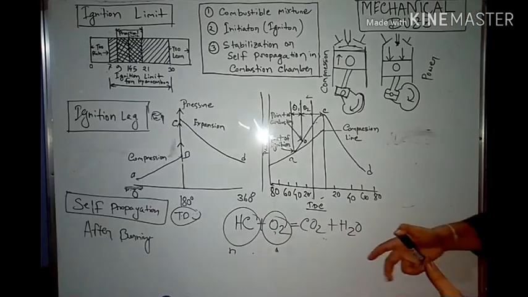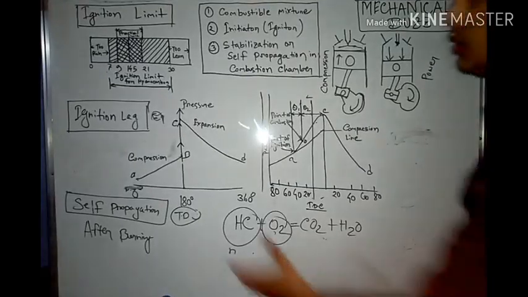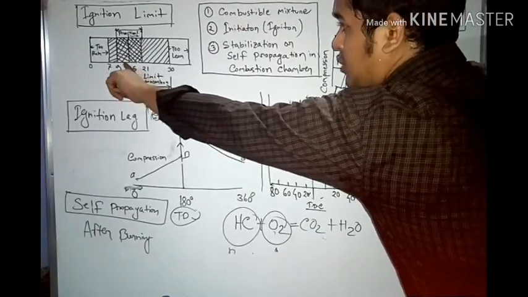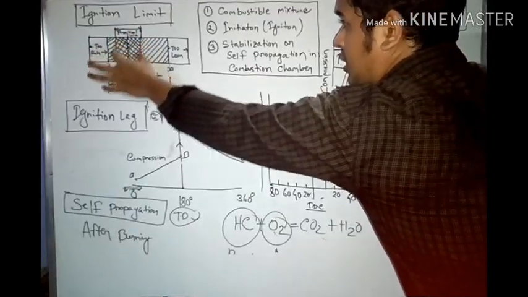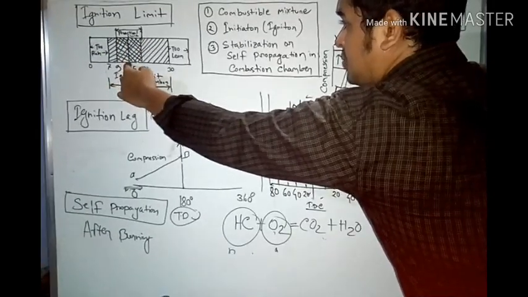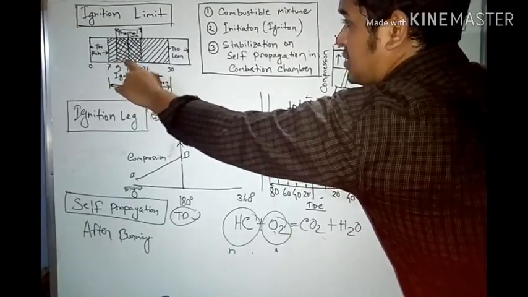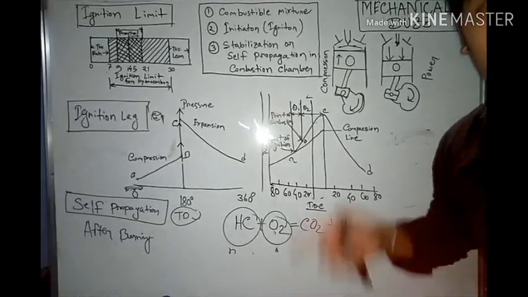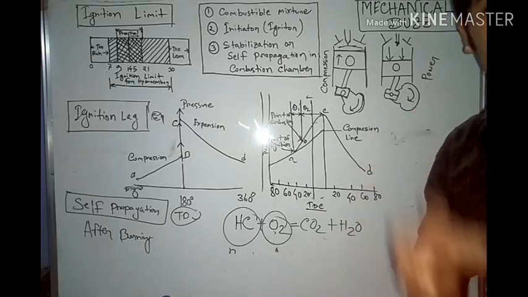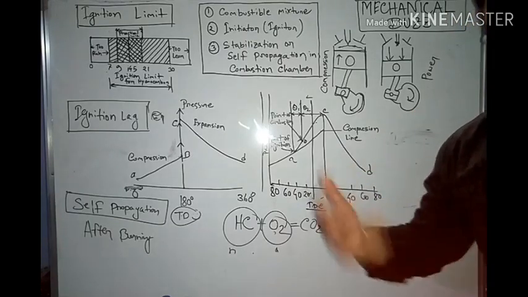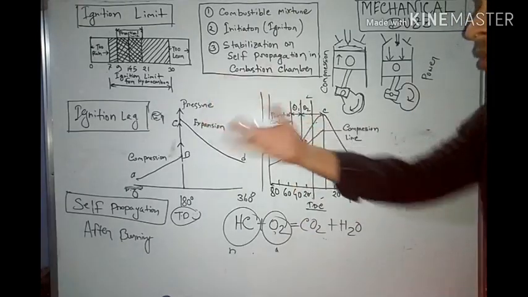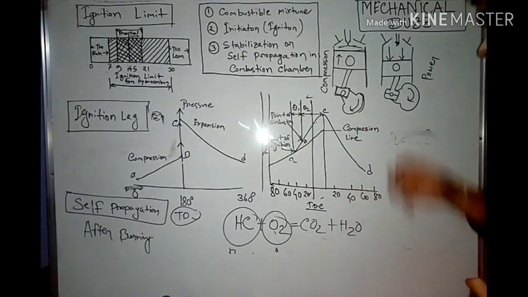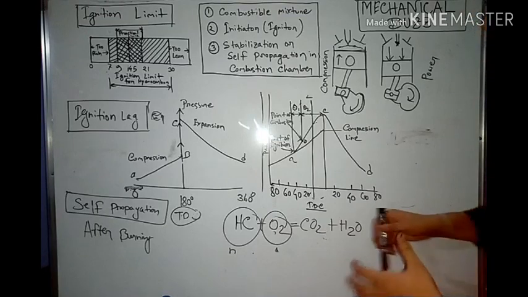But if it is a rich mixture, like if your air-fuel ratio is from this point to here, this is a practical limit. If your air-fuel ratio is below 14.5, it is called a rich mixture, because the amount of air is less, and the proportion of the air-fuel ratio is lower. So that's why it will create a rich mixture.